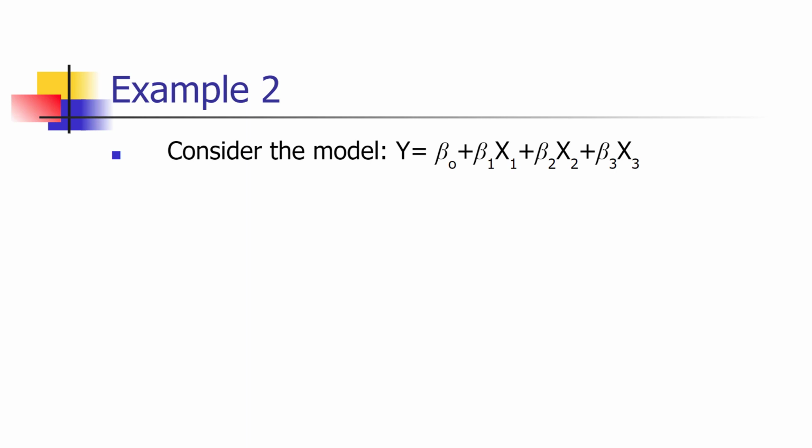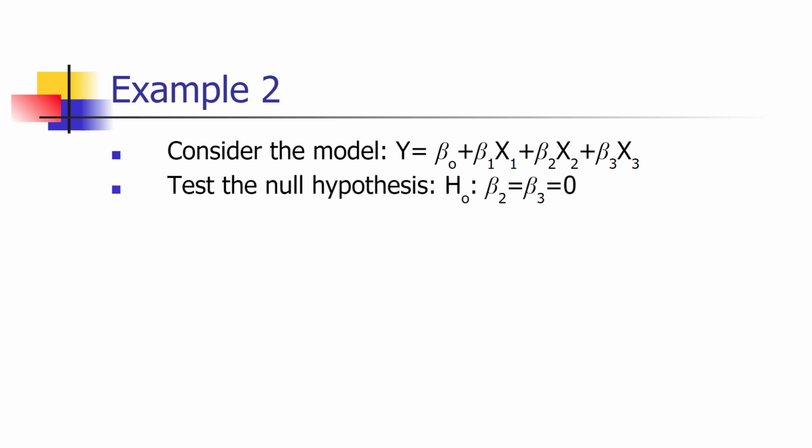Another example of the use of linear restrictions, and this is a very common one, is suppose we have a linear relationship between y, x1, x2, and x3, and we want to test the null hypothesis that beta 2 equals beta 3 equals 0. So we're essentially testing two restrictions here, that the variable x2 has no significant effect on the dependent variable, and similarly, that x3 has no significant effect on the dependent variable.